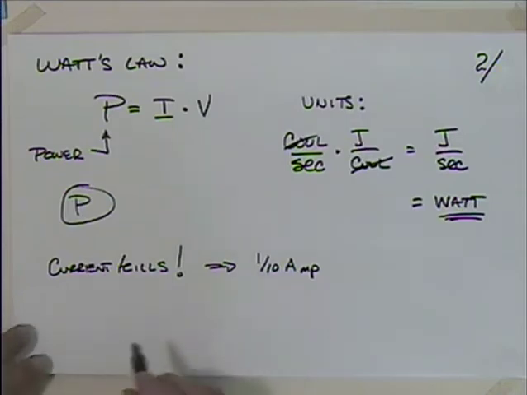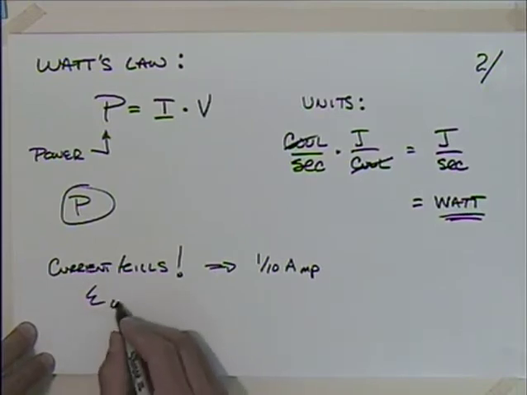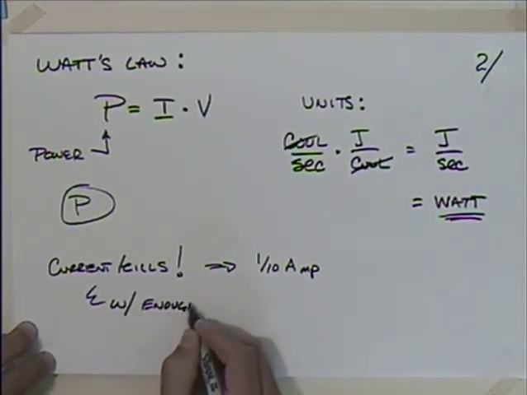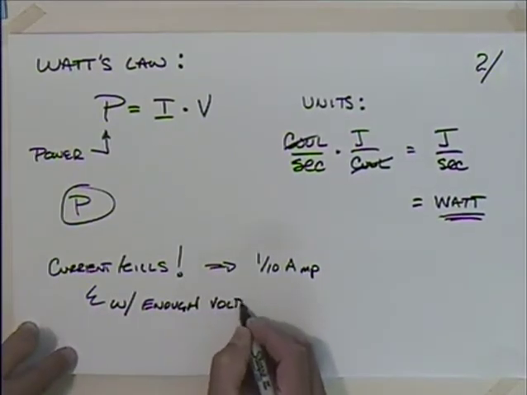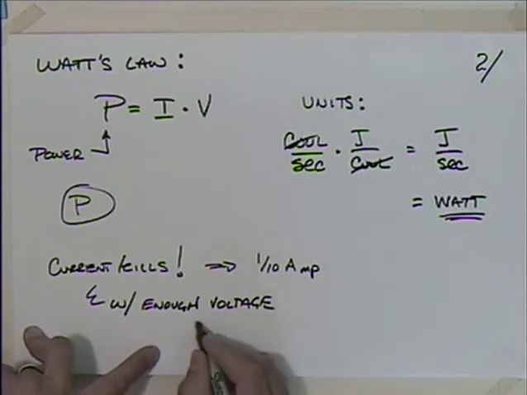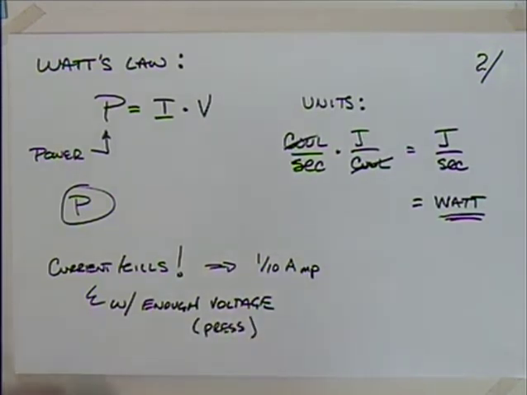Typically, skin has fairly high resistance, so maybe we should modify this expression. Current kills with enough voltage, or maybe we should recognize that as pressure. If we have enough voltage, or enough pressure, to put that through the skin, then you can get into big trouble.